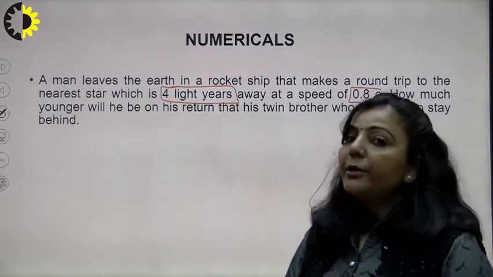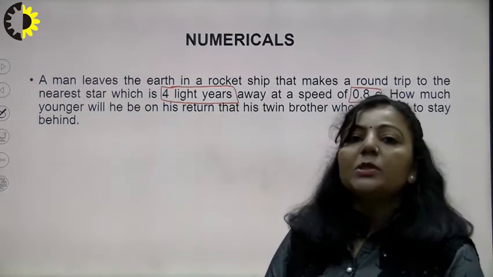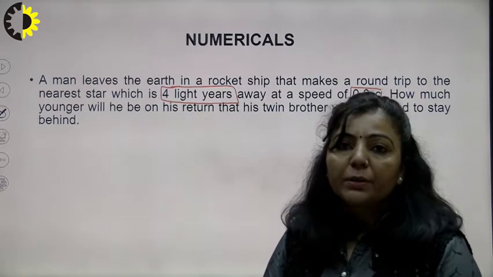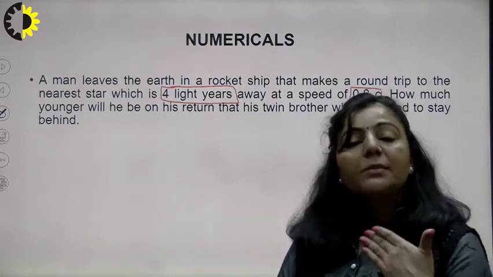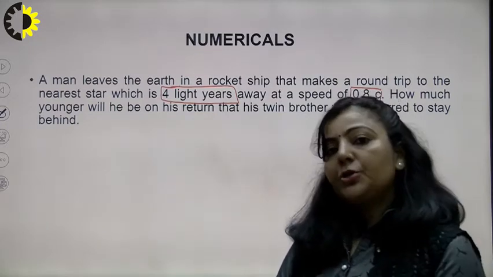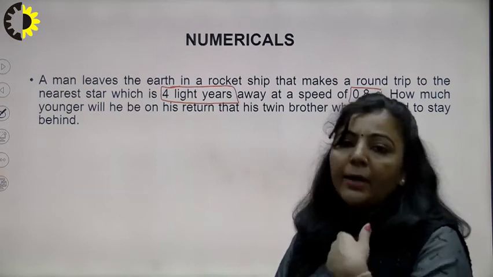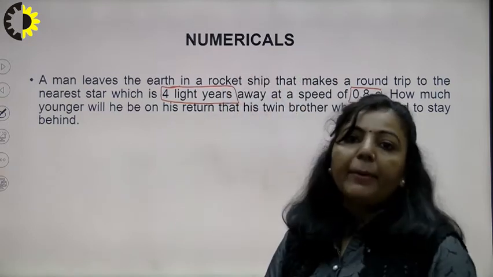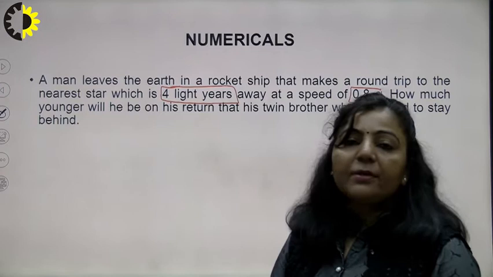So actually there are twin brothers. Suppose X and Y are the two twin brothers. Suppose X starts his journey in that rocket ship to the nearest star, and after taking a round trip he is coming back, and Y is staying on the surface of Earth.